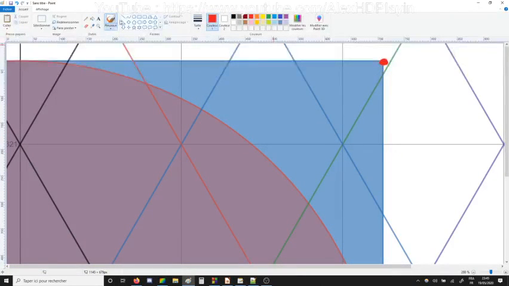I'm going to draw a square, but you could draw a square like that, fine, but I'm not going to do that. I'm just going to draw a diagonal first. Gonna put it this way.